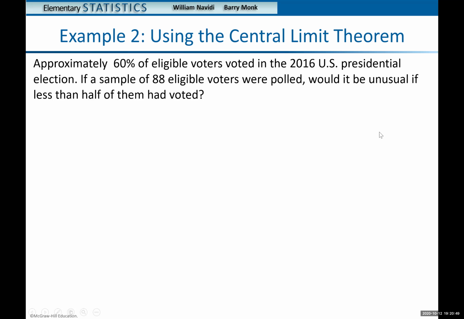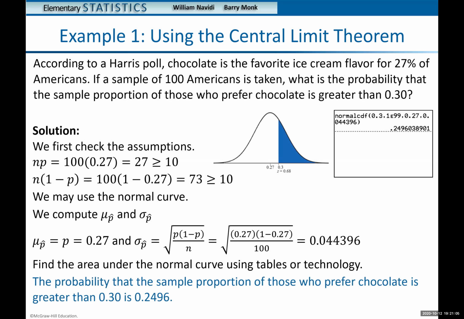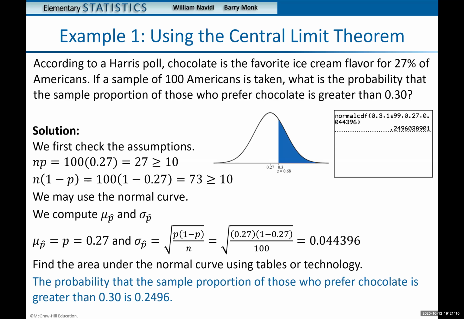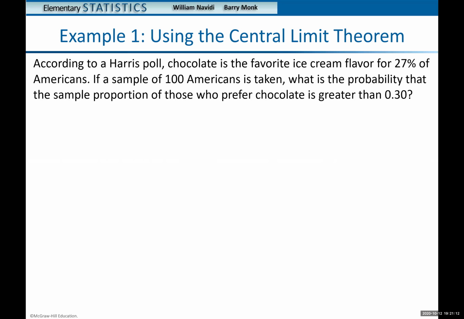I also have a question. So when it says half of it, we basically have to consider that half of it would be 100%. So that's where you got the 0.50 from? Yes. Half of the population is 50%. Just like the previous example here, the question is what is the probability that it is greater than 30%?